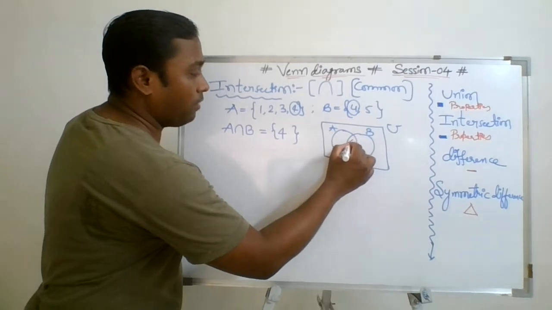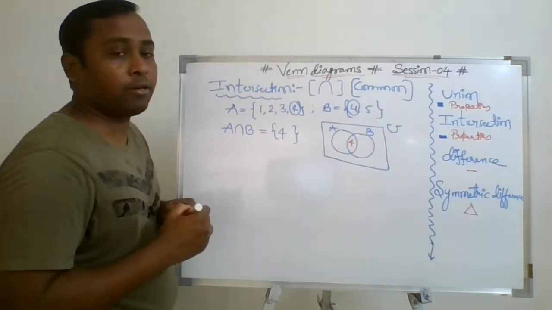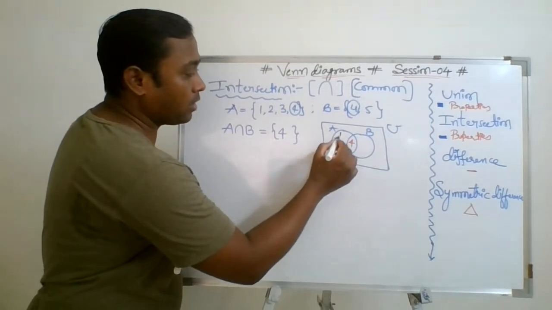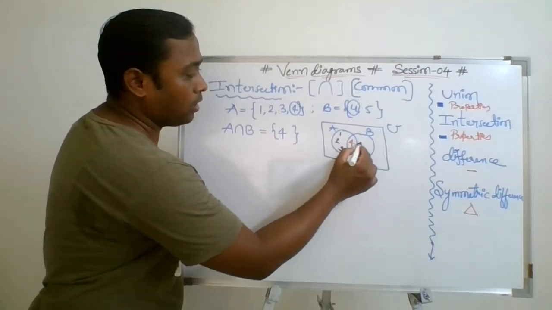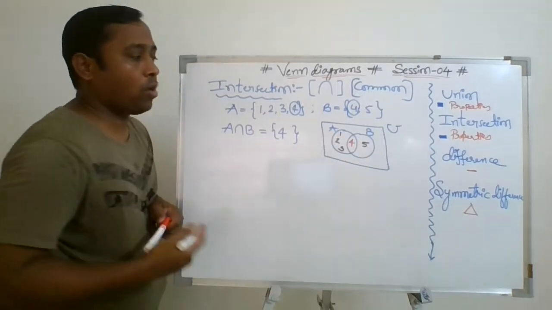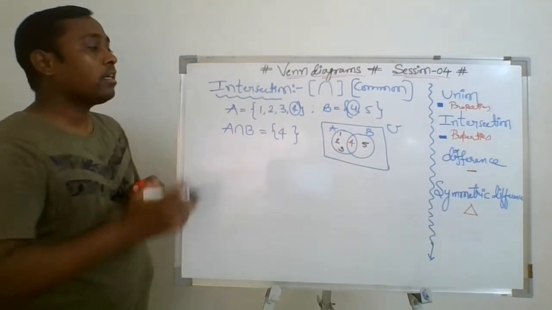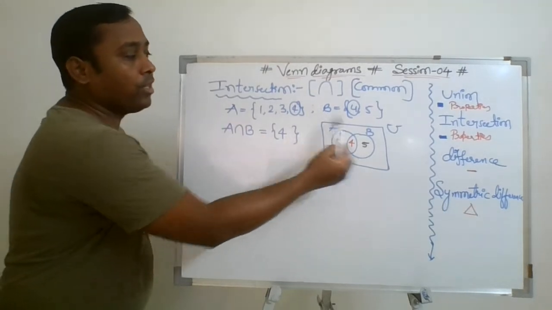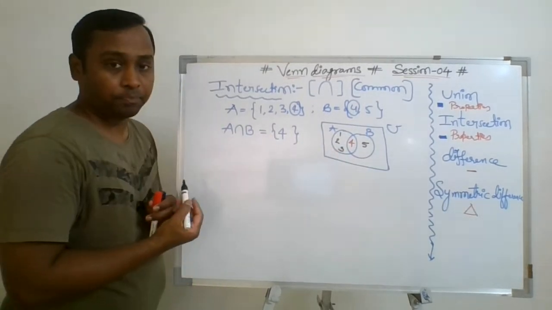That's why first I will write the common element in both sets, then I will fill the remaining elements of set A, 1 2 3, and here 5. So I simply represented the intersection of the given two sets with the help of a Venn diagram.